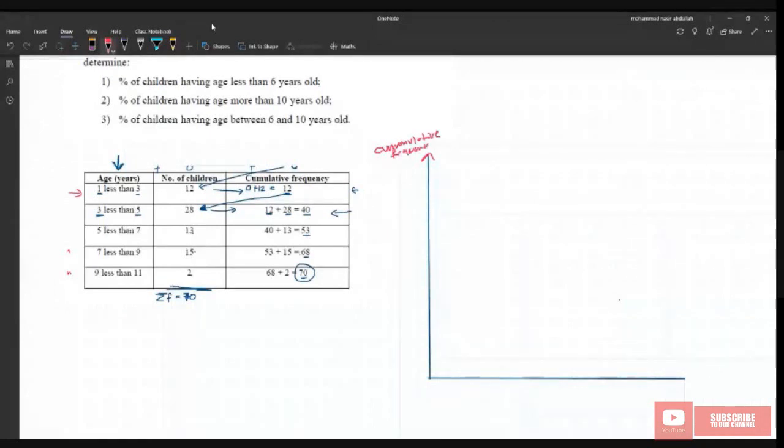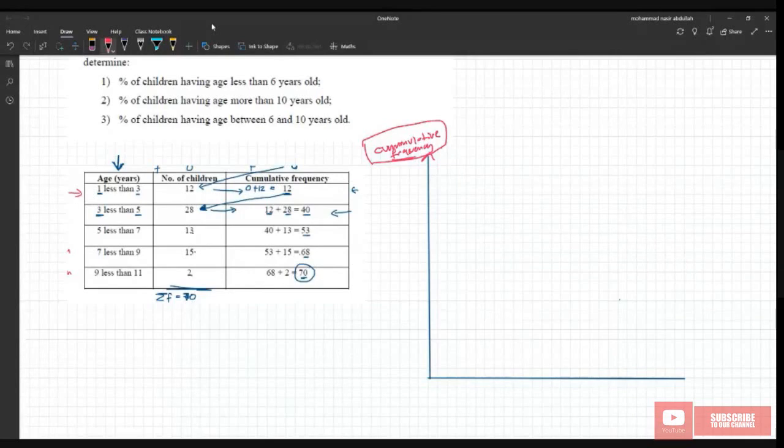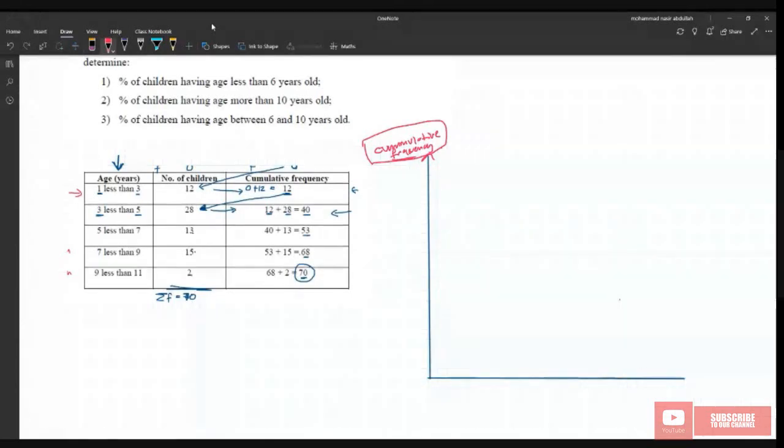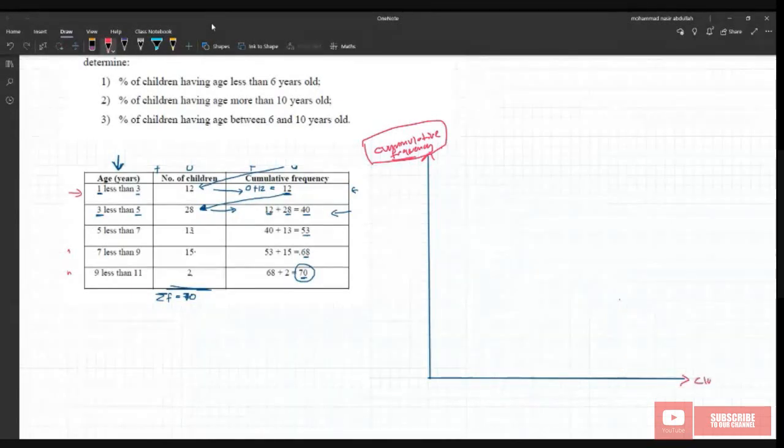You need to remember this one because I have seen many students make mistakes writing down the y-axis. Some students state the y-axis is frequency, and for the x-axis it should be class boundary.